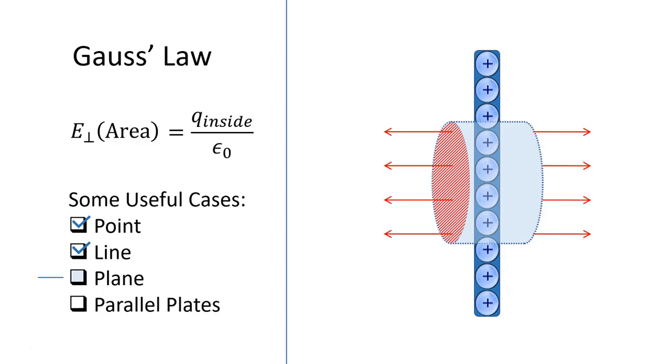So if we solve for electric field, the A's will cancel, and we get, for an infinite plane of charge, electric field is the surface charge density of this plane divided by 2 times the constant epsilon 0. And so that's another formula, again, from Gauss's law. So far we have Coulomb's law, we have a line charge formula, we have an infinite plane formula, all coming from this theoretical Gauss's law.